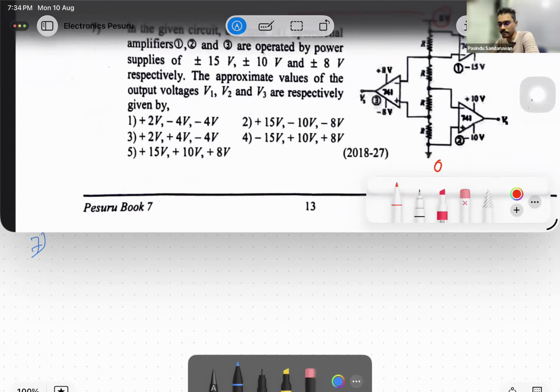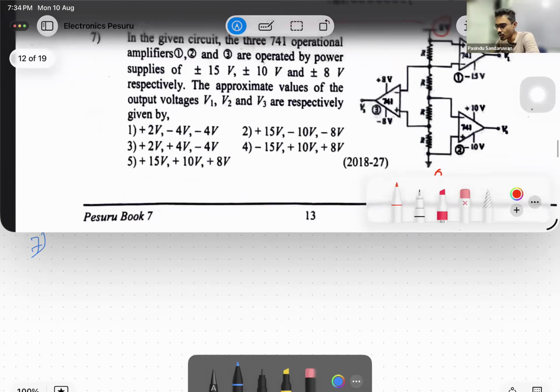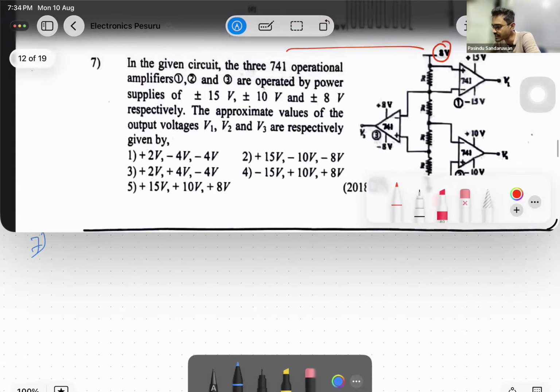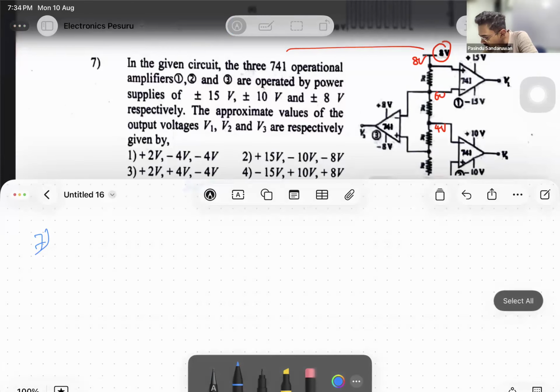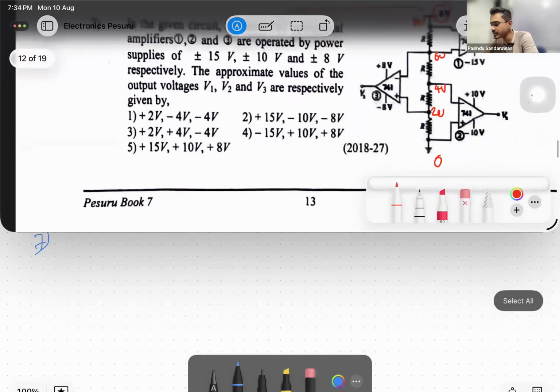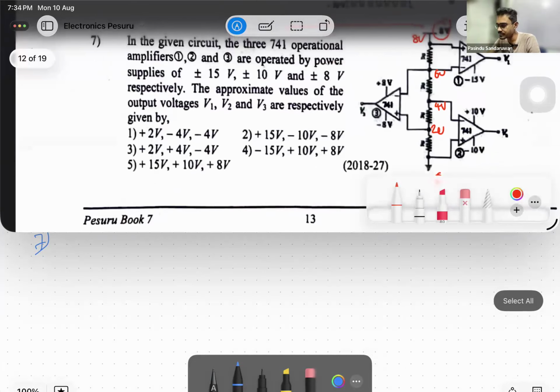First golden rule. Therefore all four are in a series combination, and their voltage drops are equal. Equal resistors, equal current, so voltages are also equal. Then we get 8 volts here, 6 volts here, 4 volts here, 2 volts here, 0 here. Equal voltage drops.